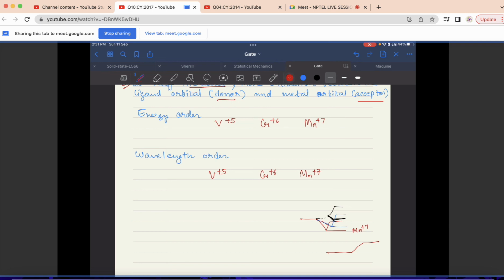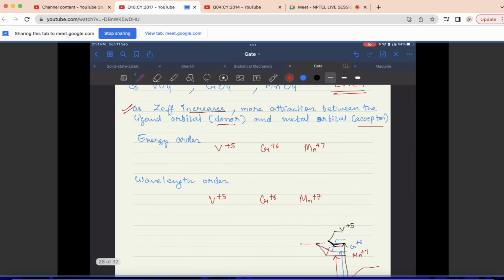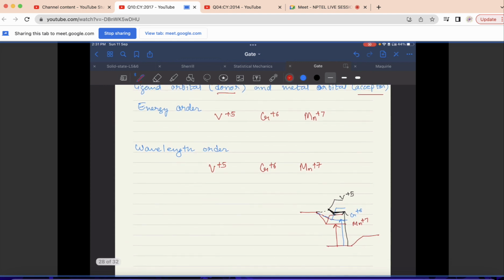So overall, for the transition from ligand to metal, the energy order will be highest in vanadium, then chromium, and then manganese.